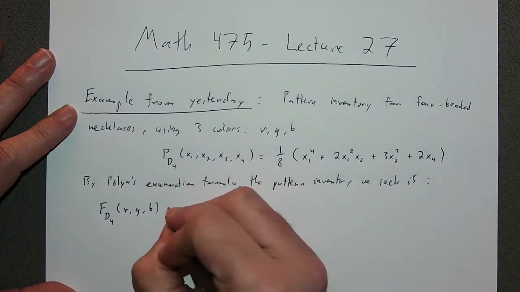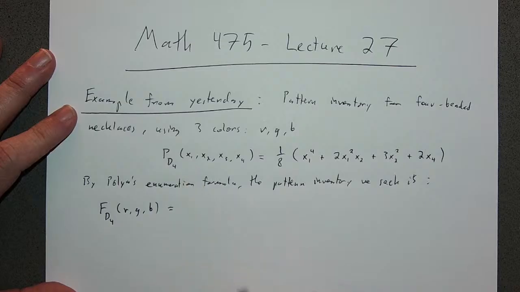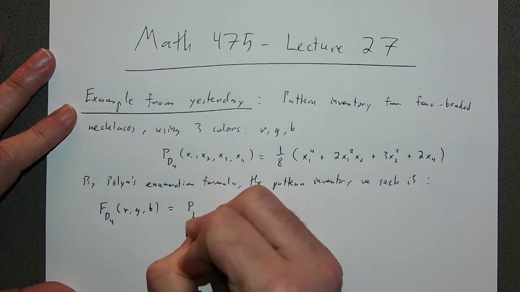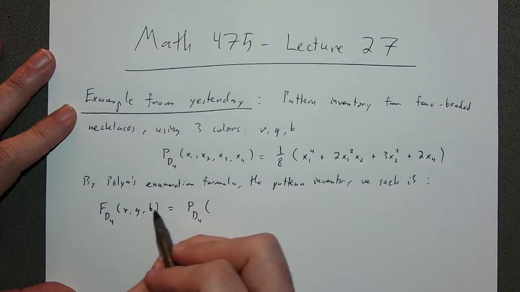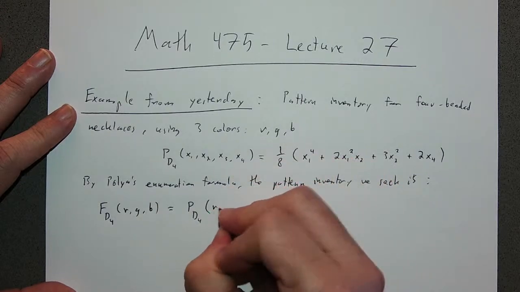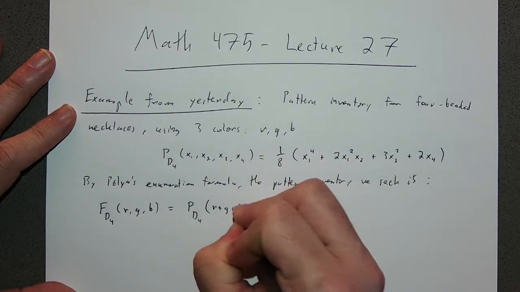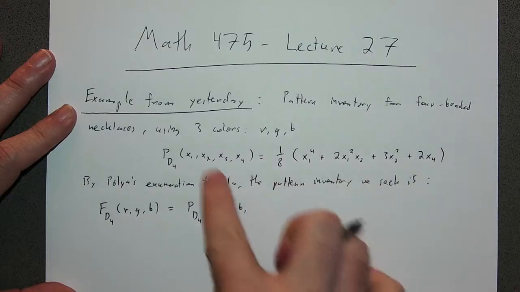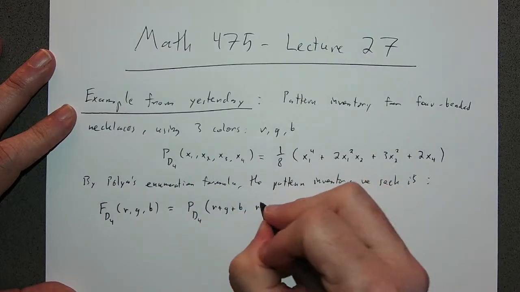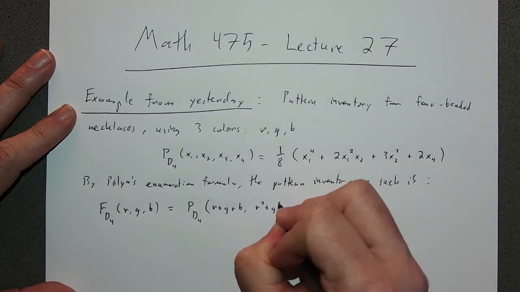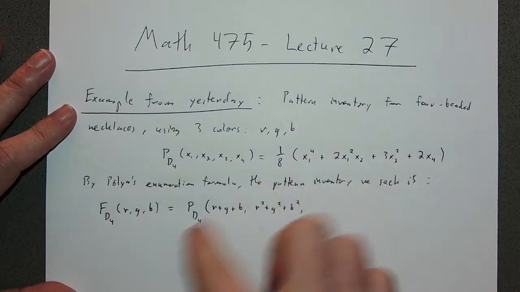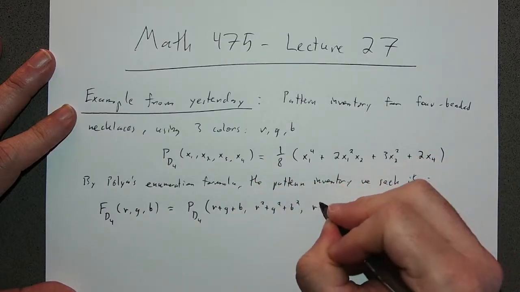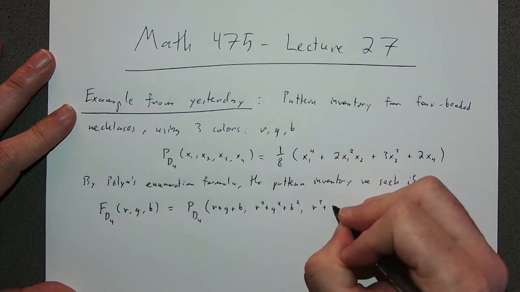And what I mean by that is, into the first slot of the cycle index, I plug r plus g plus b. Into the second slot, I plug the sum of the squares. Into the next slot, I plug the sum of the cubes.